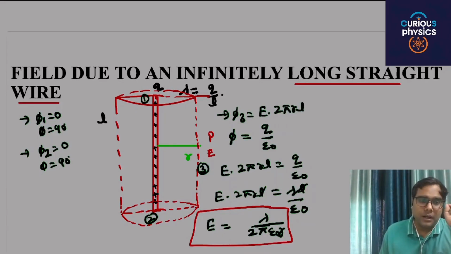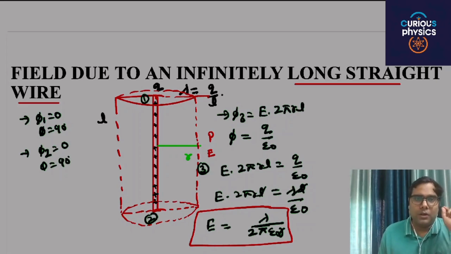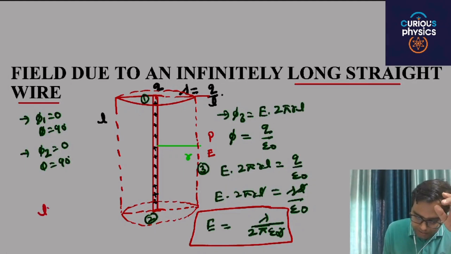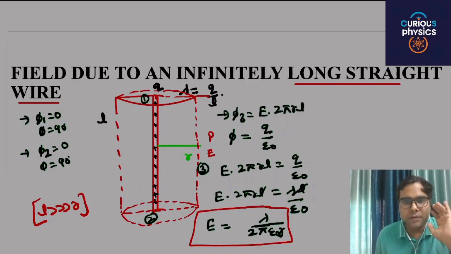Always remember, this is valid only for a long straight wire, or you can say that the length of the wire is infinite, or also you can say that L is very much greater than R. Are you able to understand my point?